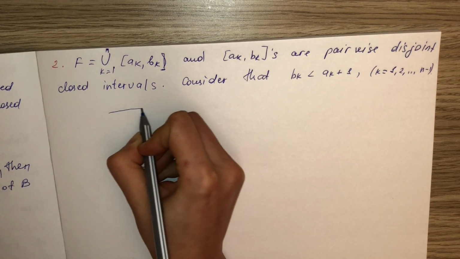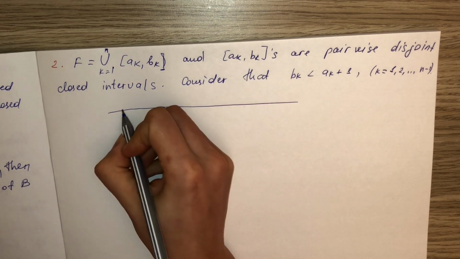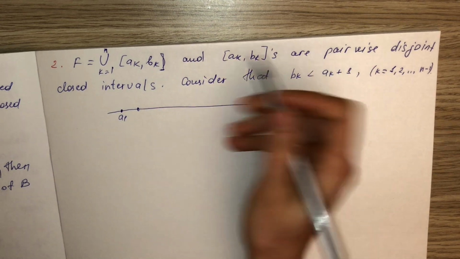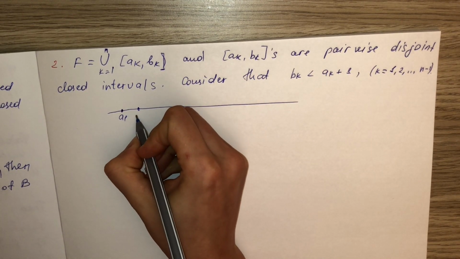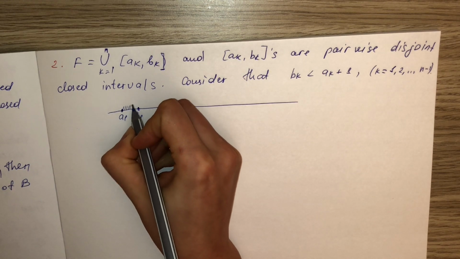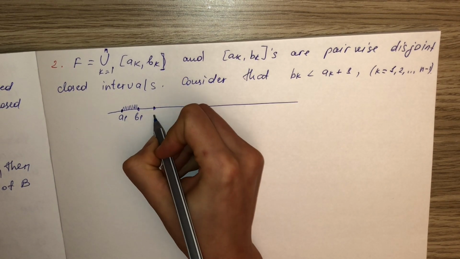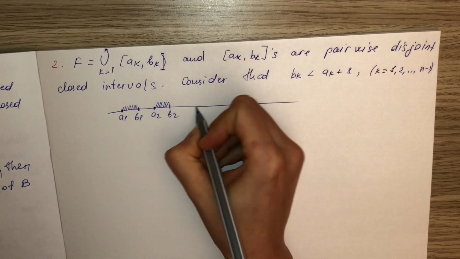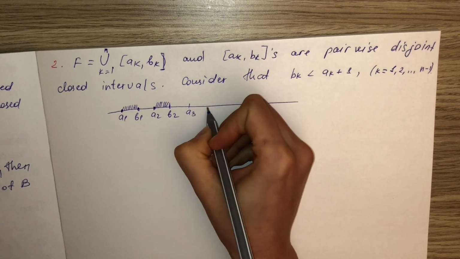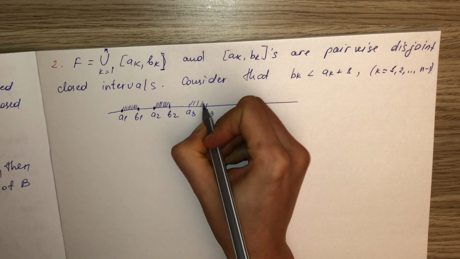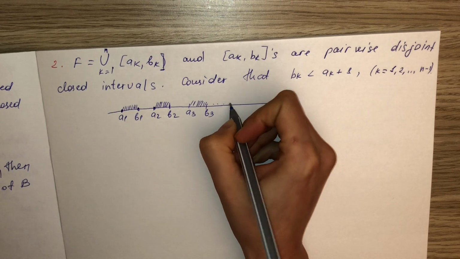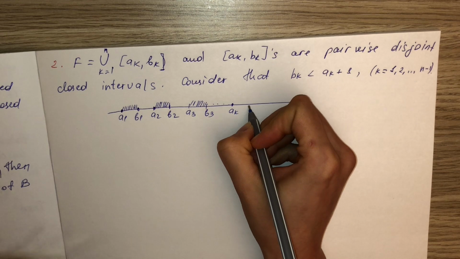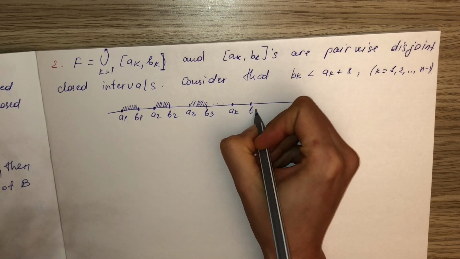What does it mean? Let's consider our set of pairwise disjoint intervals: a1, b1. Let it be here. a2, b2. This. a3, b3. And etc. It keeps going. For example, ak, bk.